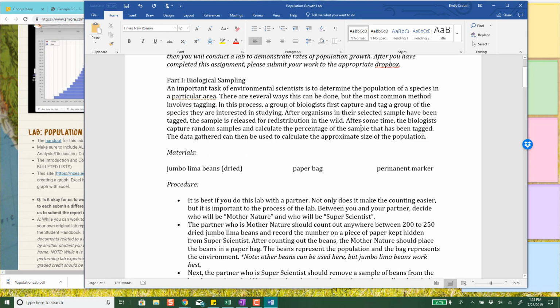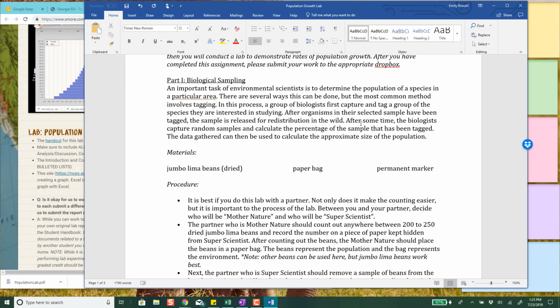What we're going to do is use beans to represent our population. There is a type of population sampling experiment that scientists do, where they tag a large group of the species they're interested in studying.